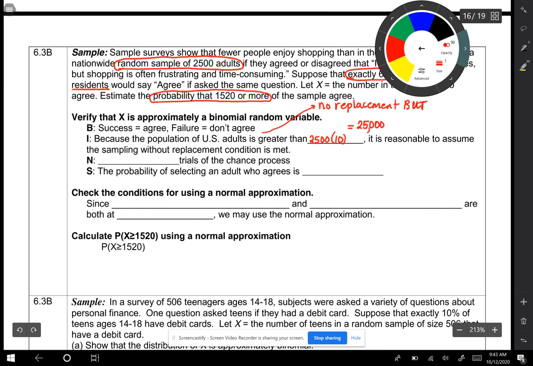And so it's reasonable to assume that there are at least 25,000 adults in the U.S. And why the U.S.? Because it says of all U.S. residents. So that meets the 10% rule.